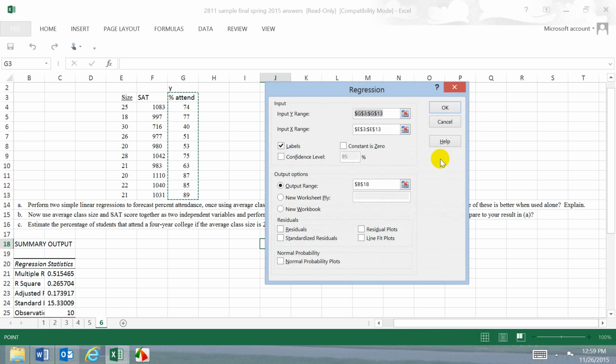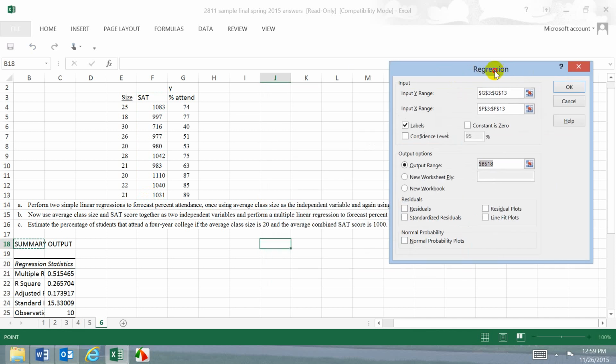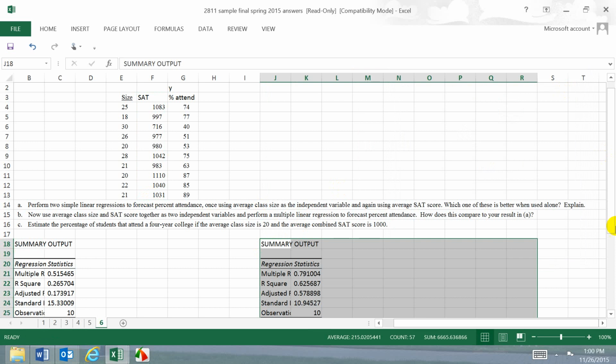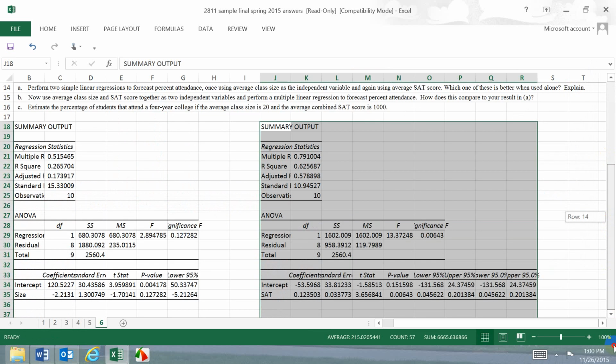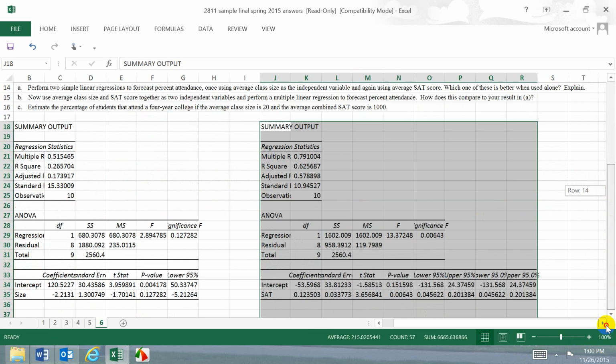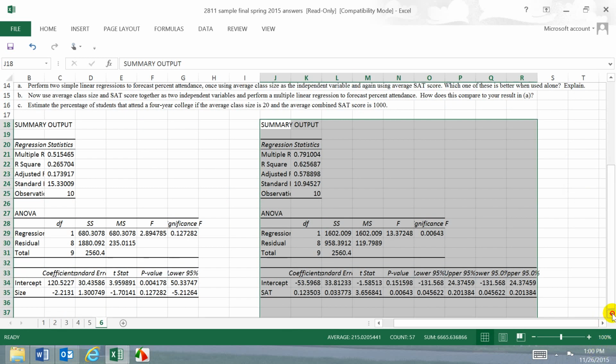We're trying to estimate this percent attendance. The Y value is always the thing that we're trying to estimate. But now we're looking at the SAT score as being the independent variable. Labels are still in there, and we're going to put the result over here. So now we have the other one. We've done 2 regression analyses. Which one of these is better when used alone? Explain.